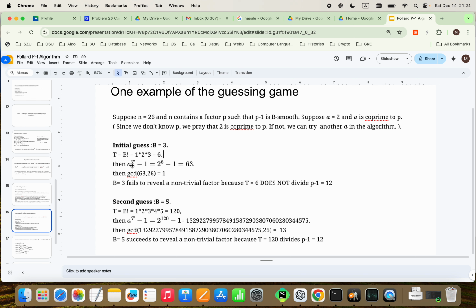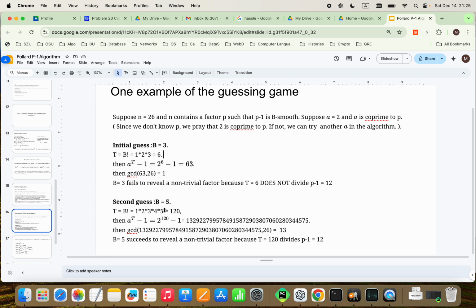Only if t is a multiple of p minus 1, which is 12, then this value is going to include the factor 13. So it doesn't include 13. 3 doesn't include 13, right? So this GCD won't help you reveal 13 as a factor. It will only give you 1.